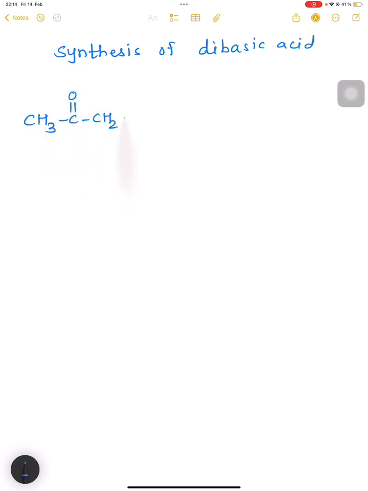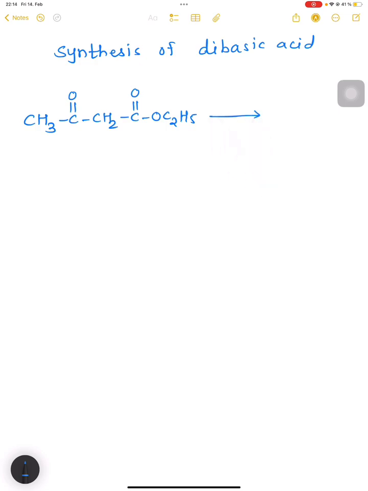Then synthesis of dibasic acid. CH3 C double bond O, CH2 C double bond O, OC2H5. This is nothing but ethyl acetoacetate.